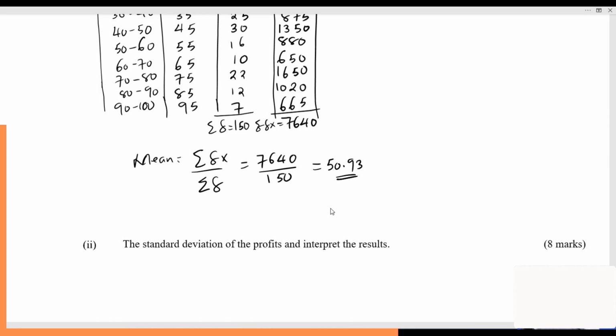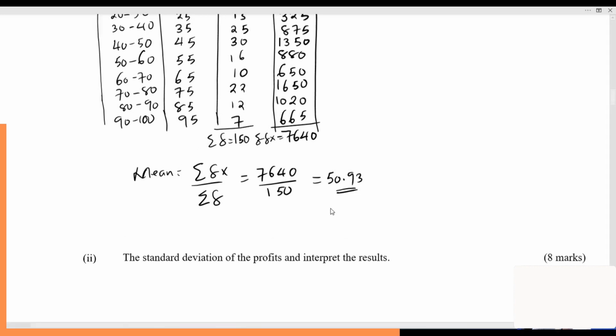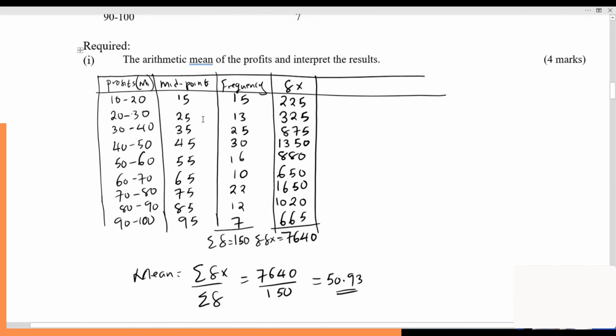I hope that is clear. The first thing to do is to get the midpoint. Once you get the midpoint, you list down the frequency, then you multiply the midpoint with the frequency. Once you multiply, you add fx.